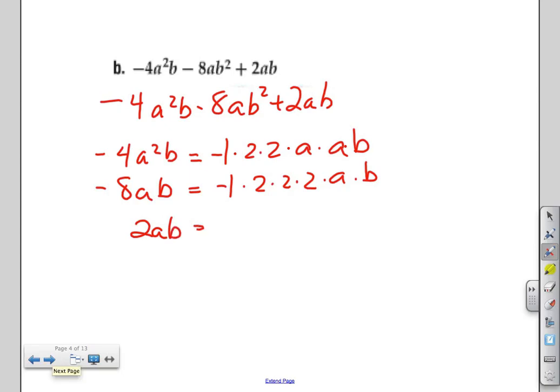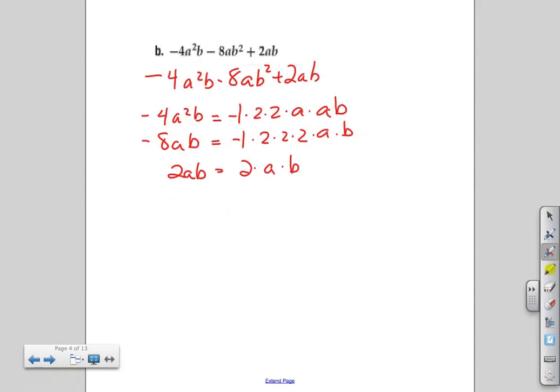All right? So what do we have there? A 2 times an a times a b. What's the greatest common factor in this polynomial? Well, the greatest common factor is going to be 2ab, right?